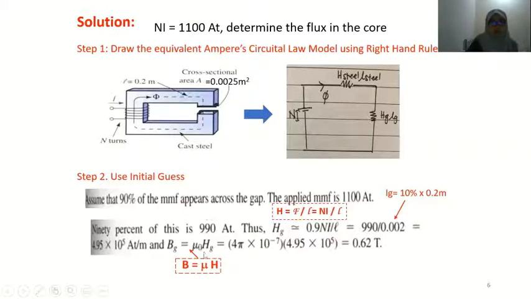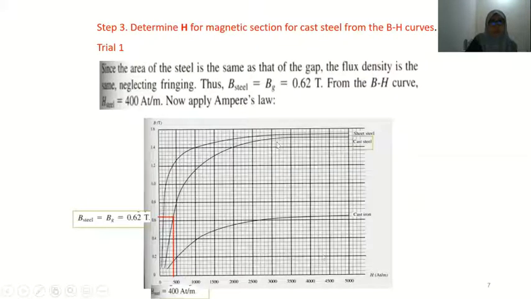Your Hg, what you obtained right now, is 4.95 times 10 power of 5. So your Bg is equivalent to 0.62 Tesla.